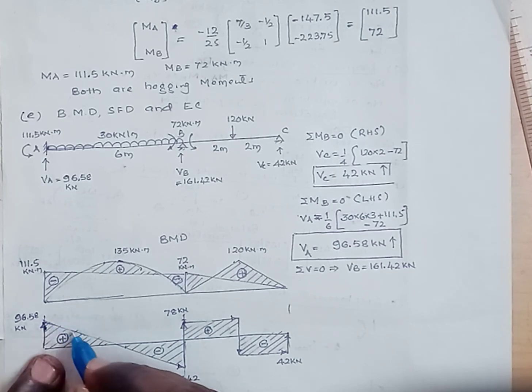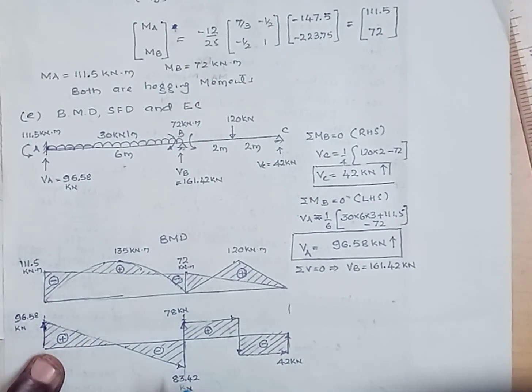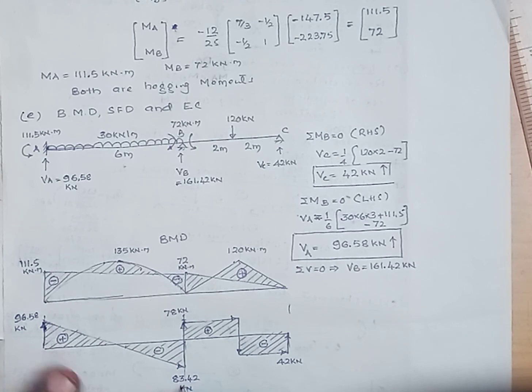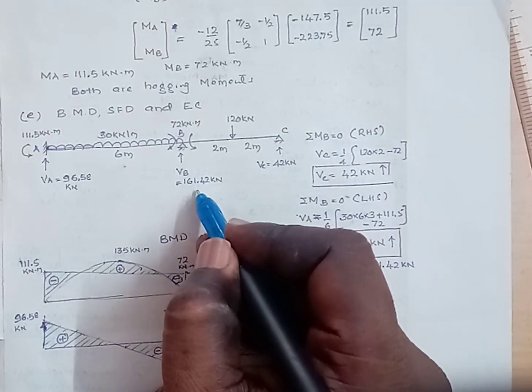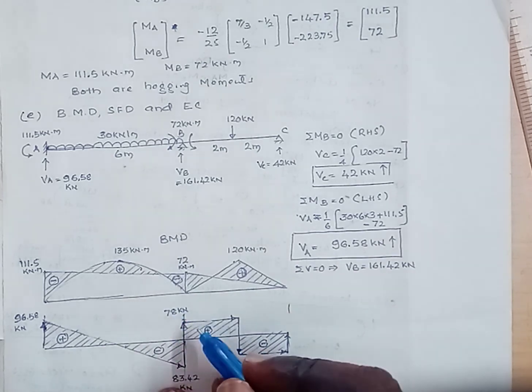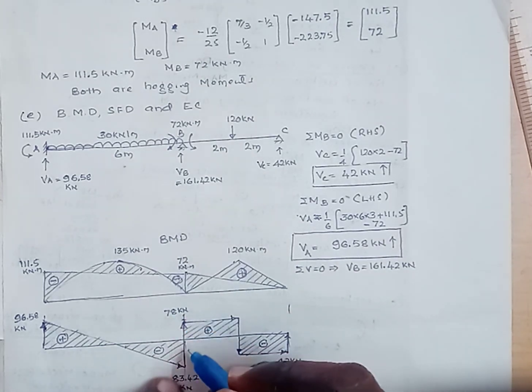Then the variation of the shear force due to this UDL is 96.58 minus 30 into 6, that is minus 180, you will get minus 83.42 as the shear force at support B. Due to the reaction at B, that is 161.42 upward, minus 83.42 plus 161.42, here you will get 78 kilonewton as the positive shear force.